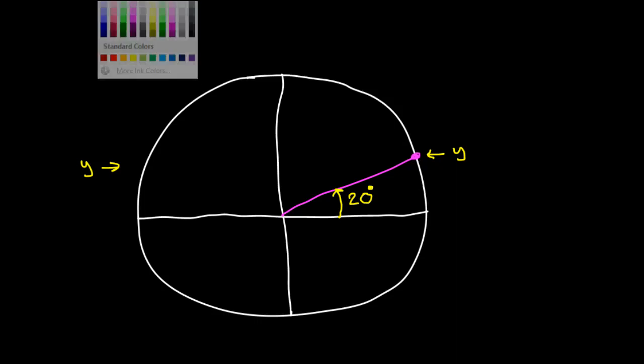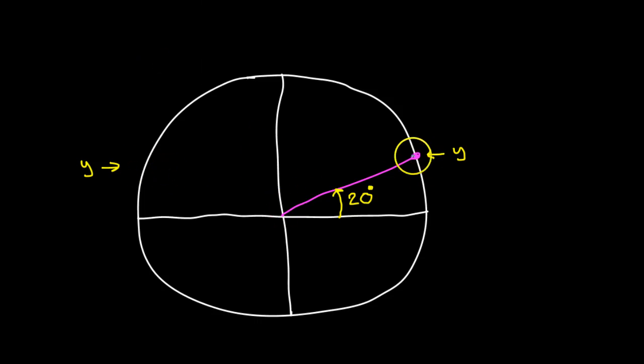So if I made sure that this angle, here I'll use a different color, this angle had the same height, like the same height. So I'm talking about this angle right here.